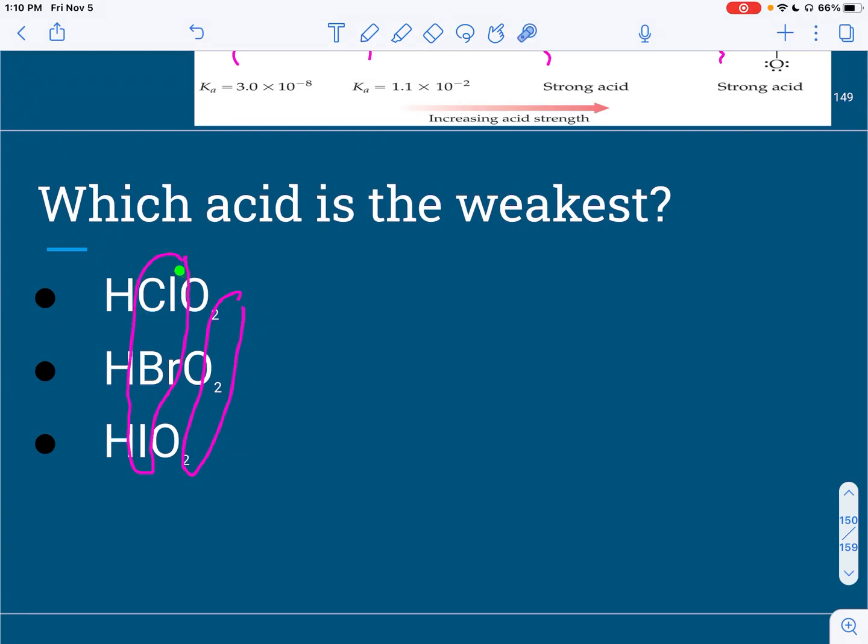This one is going to be a stronger acid because this is more electronegative. If this is more electronegative, it's pulling more of the electrons towards it. So it means the H can jump off more easily. That makes it stronger. So the answer here, the weaker one, is this.